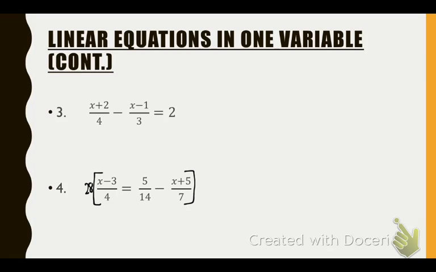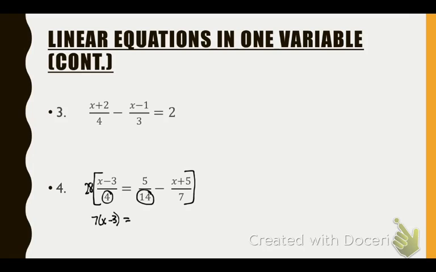So then, whenever I do that, what's 28 divided by 4? 7. So I have 7 times x minus 3. Where did I get the 7? Well, that's what was left from 28 divided by 4. Then, what's 28 divided by 14?